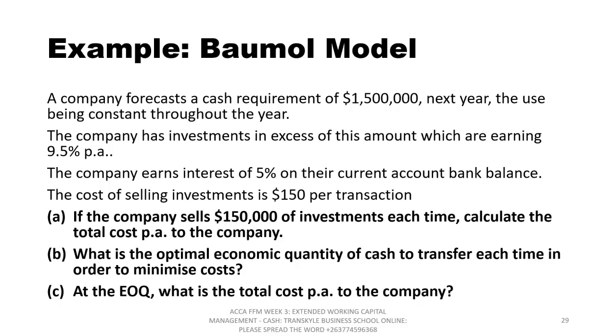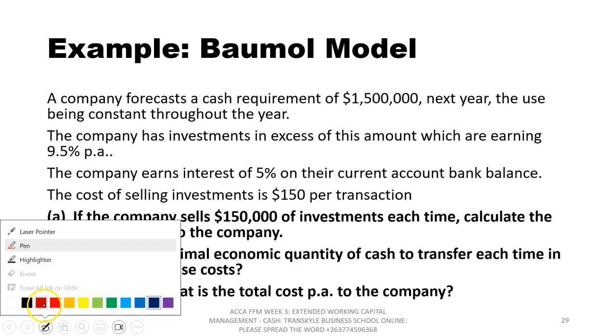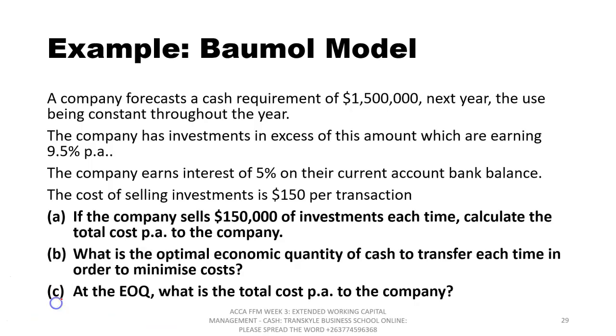However, let me just lay out the formula we need to be accustomed to. Like I said, it is almost like the EOQ formula, but it's essential that I outline the formula on the board. So we are saying the economic quantity of cash.